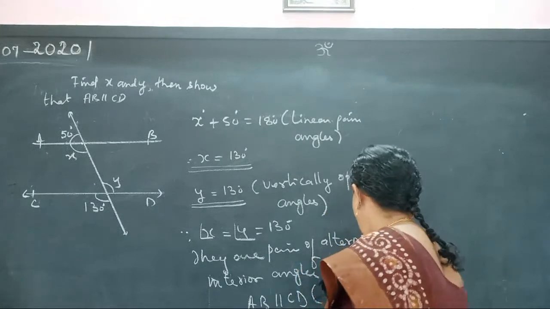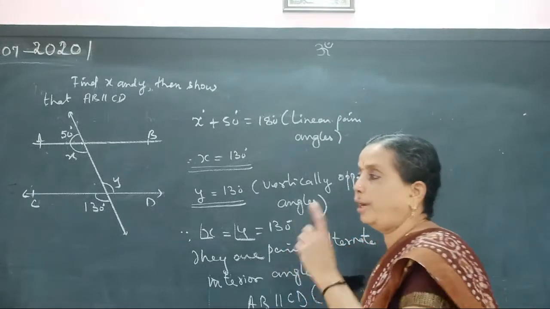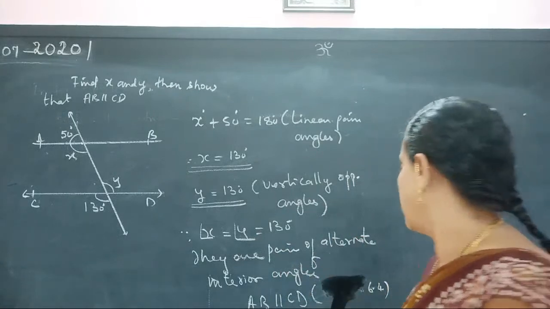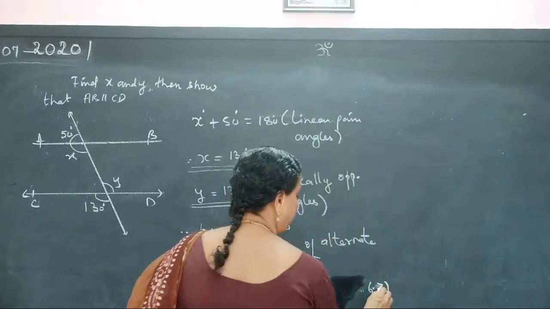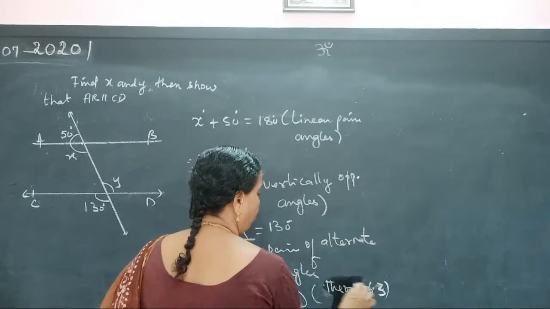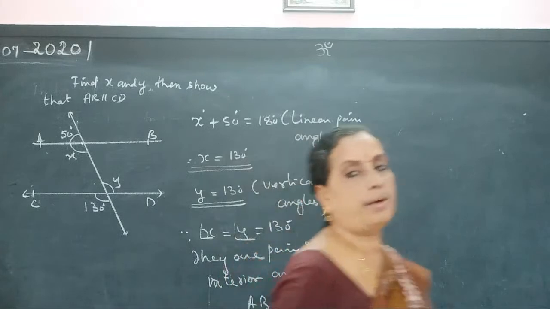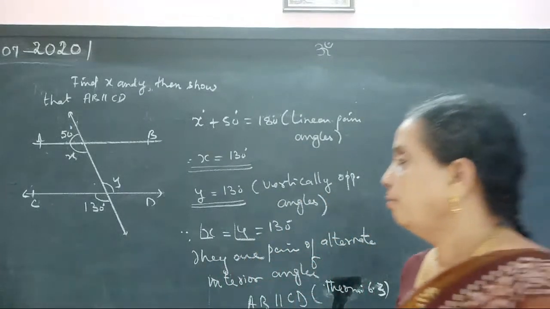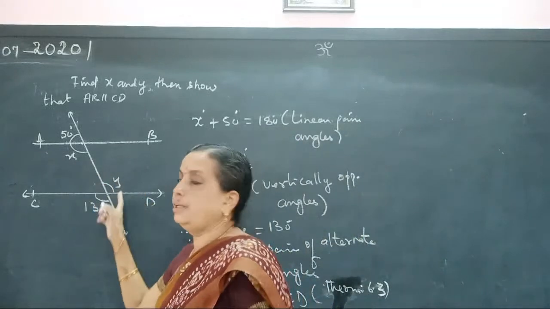Because 6.1 is vertically opposite, 6.2 alternate, 6.3 theorem. Don't confuse. Axiom 6.4 is regarding corresponding angles. Here they are alternate interior angles.